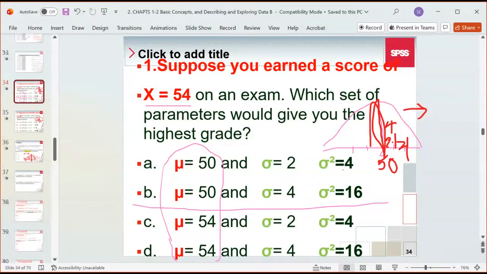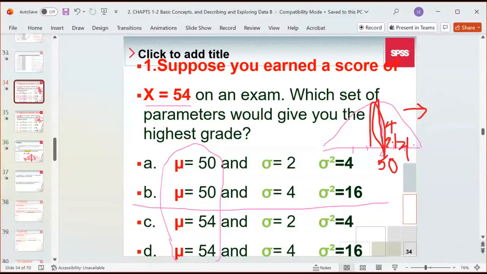Now we have to deal with standard deviation or variance, same thing. That's just the square of that. Now which one would you be better off with? Well, as you can see in that distribution I have, the smallest standard deviation or variance will put you further to the right.